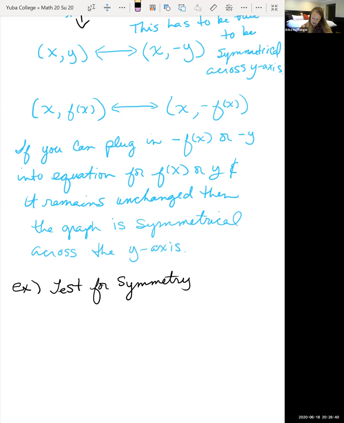Test for symmetry. So let's say for 4x squared plus y squared equals 4.